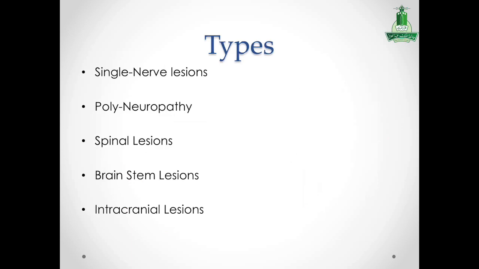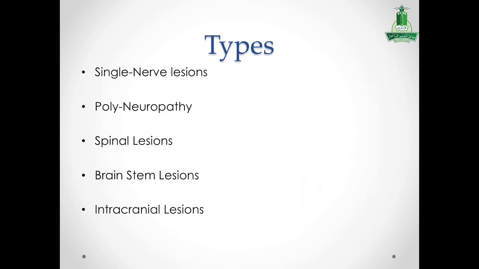The third type is spinal lesions. Now we are ascending up the tract and we talk about lesions or disturbances at the level of the spine, either spinothalamic, dorsal column, or both of them at the same time. As we ascend up the tract, we can have lesions at the brainstem level.